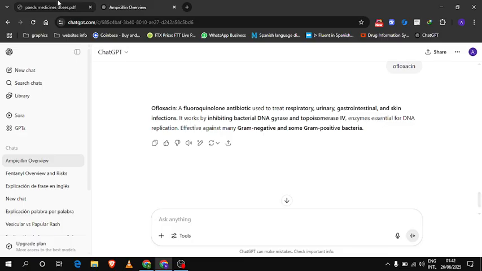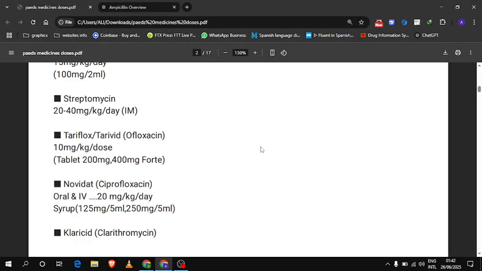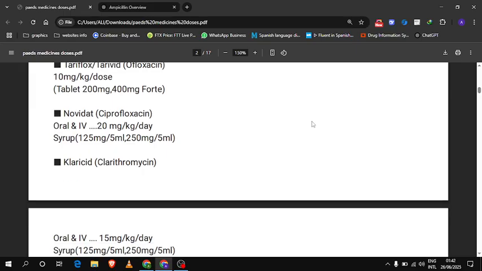Ofloxacin is also a good antibiotic. The dose for ofloxacin is 10 mg per kg per dose, and the tablet is 200 mg and 400 mg. Next is ciprofloxacin, a very common drug. The oral and IV dose is 20 mg per kg per day. Syrup formulations are 125 mg and 250 mg.